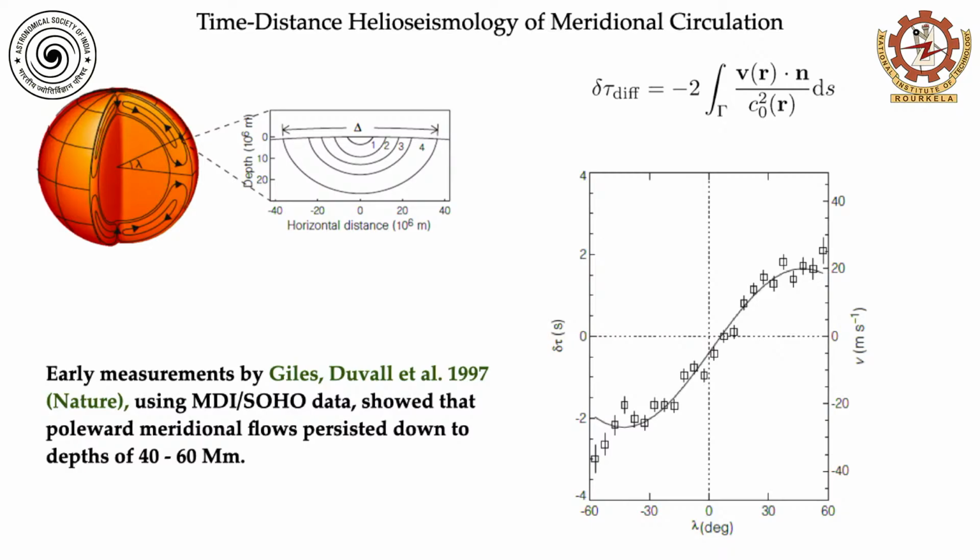They found that from the equator to the poles, up to about 40 to 60 megameters, there is a flow. This is in terms of travel time shifts of the acoustic waves, which trace the flow. You can invert these travel times to find the flow. What they found was that up to about 40 megameters below the surface, there is a poleward flow. So this was the very first detection in slightly deeper layers.